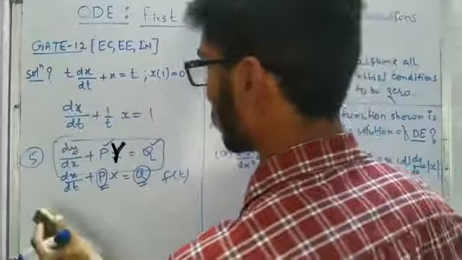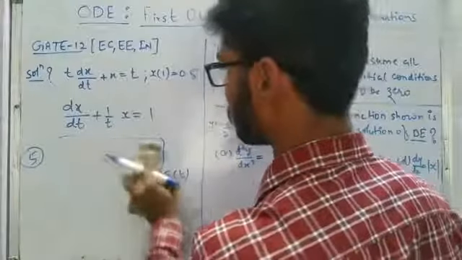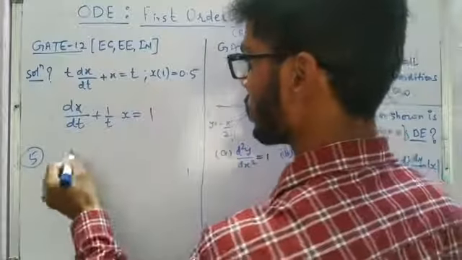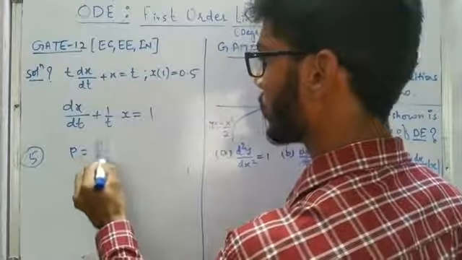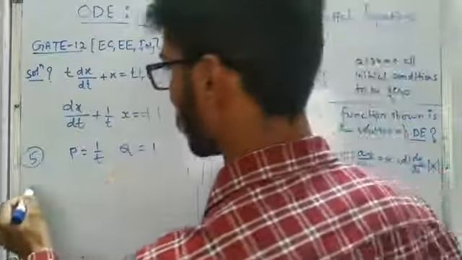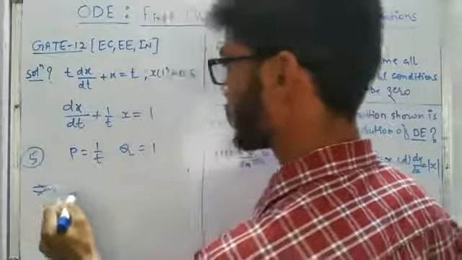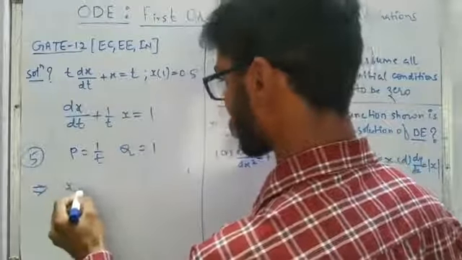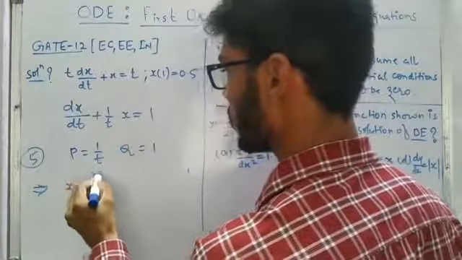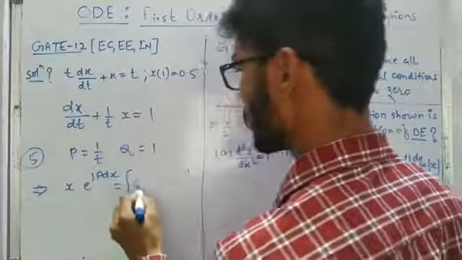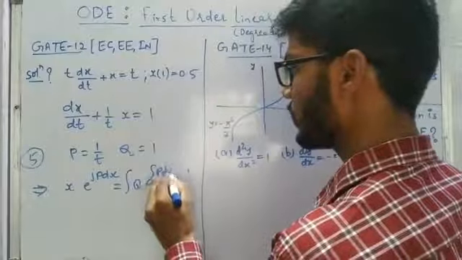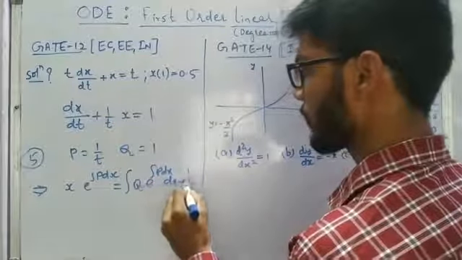By comparing that, we have P is equal to 1 by t and Q is equal to 1, and we know the solution comes out as x e power integration P dx is equal to integration Q e power integration P dx plus c.